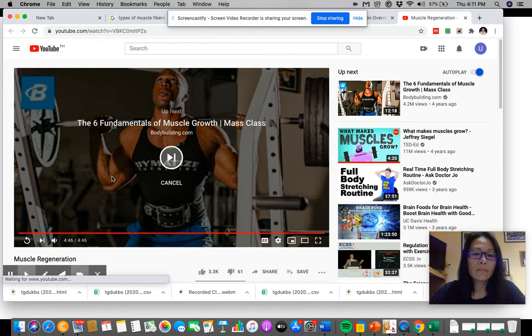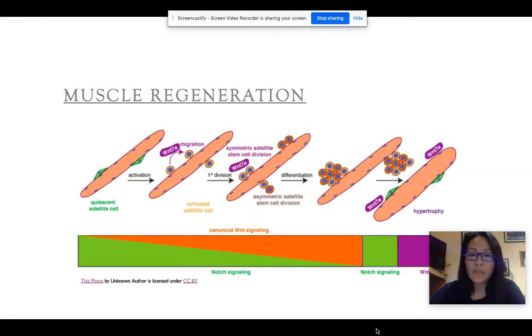Okay, so that's a video showing you how muscles regenerate, how age affects the regeneration of the muscles. But studies have been showing that regular exercise, strength exercises can actually prevent atrophy, yung lumiliit yung muscles pagkatanda ninyo. So, still, exercise will help your body maintain its strength, kahit matanda na.